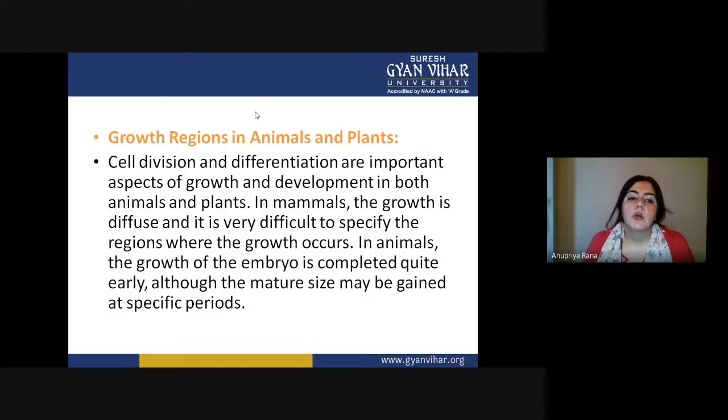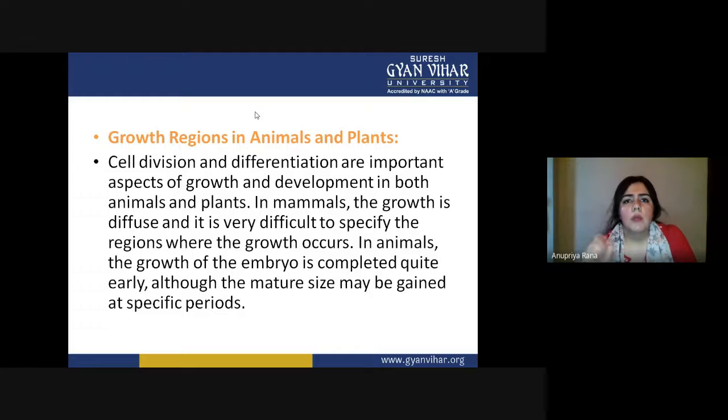In mammals, growth is diffuse and it is very difficult to specify the region where growth occurs. In animals, the growth of the embryo is completed quite early, although the mature size may be gained at a specific period. After the zygote forms, it starts rapid divisions, and most scientists thought this is the region where growth starts.